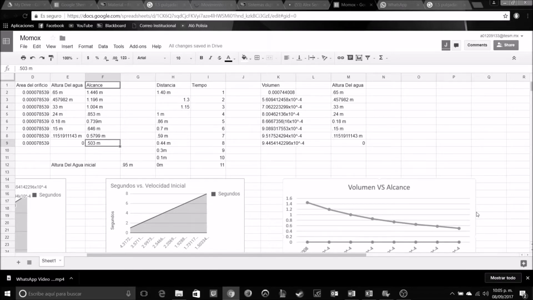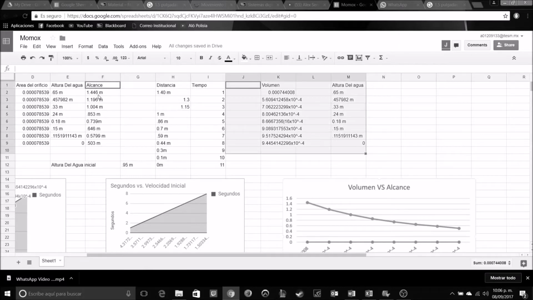Now, as for our conclusions, I could say that we definitely found differences between the theoretical results and the practical results. This means that the analytical results are more accurate than the practical results of the water dropping.